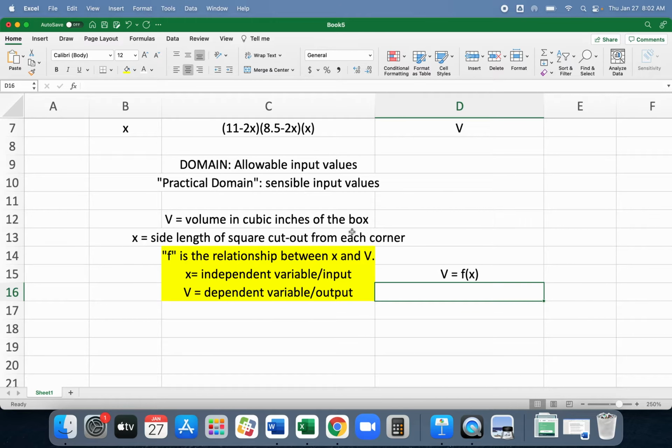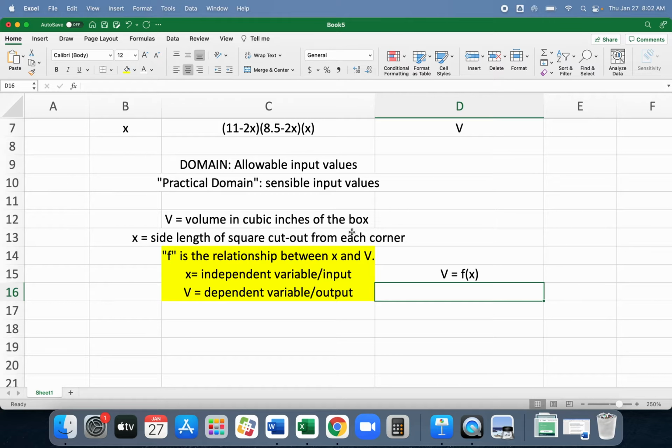I could call it something else, G, Q, L, M, pick a favorite letter. It's kind of useful to not call it v of x, because I want to talk about just v is the volume, x is the side length, and f is the thing that relates those two. So we have three pieces.